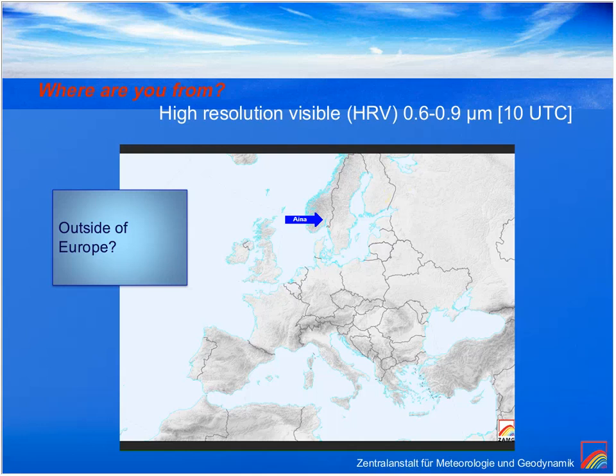So, all right. As I have already said, this time I would like to concentrate on satellite images and some useful applications, especially during winter time. So, I would like to start with the very basic one.